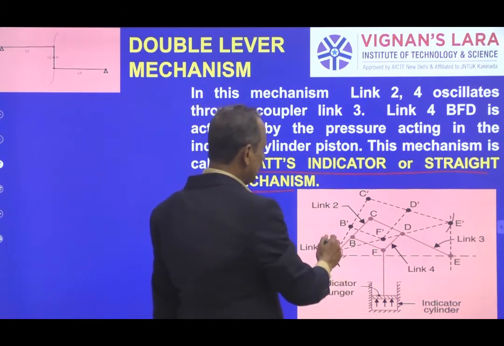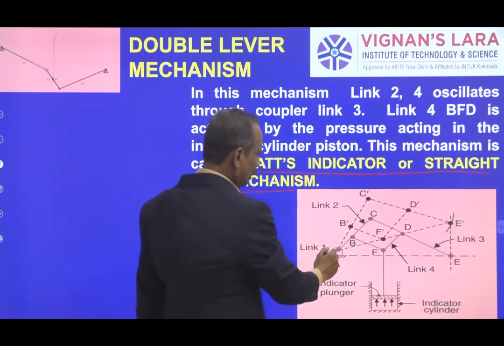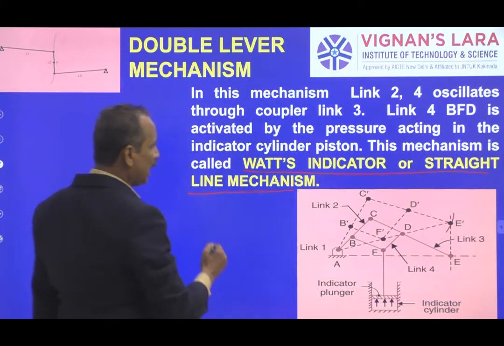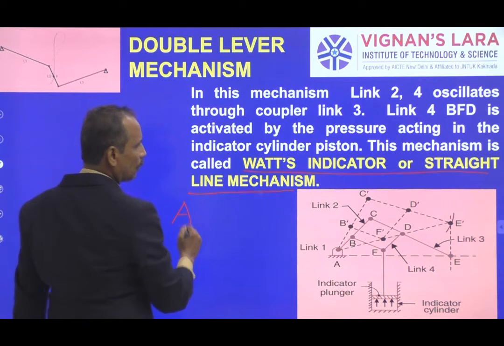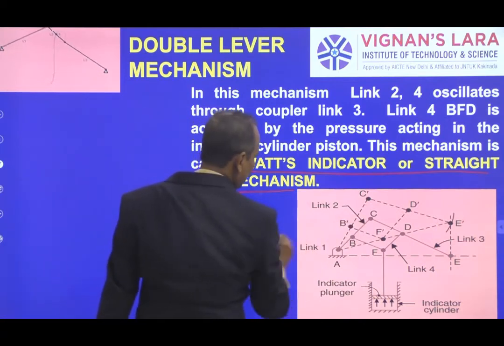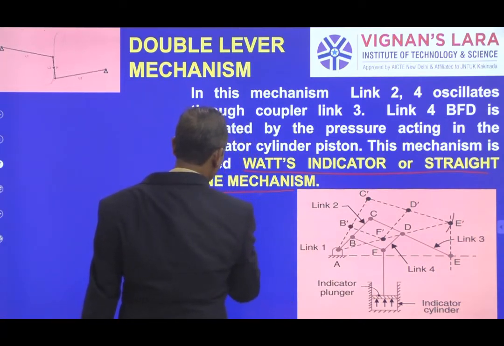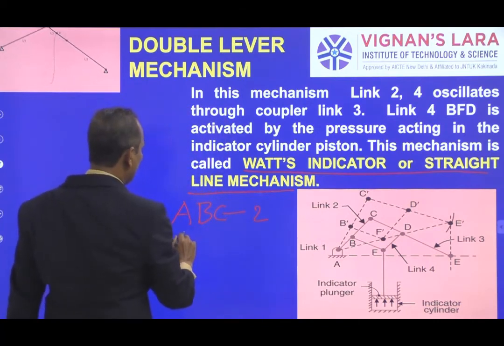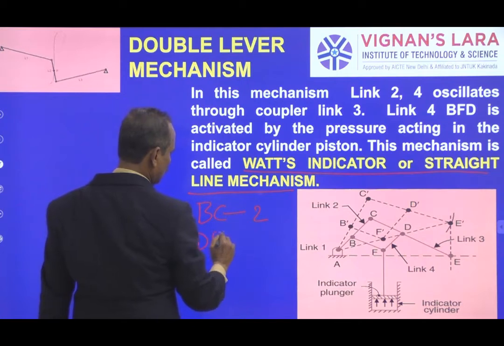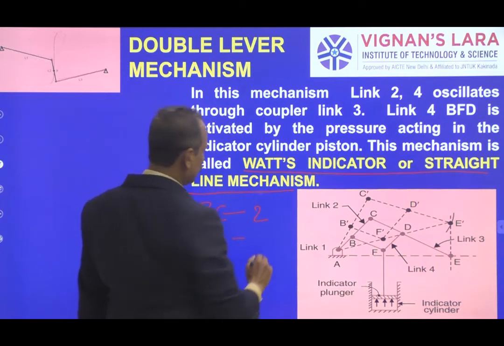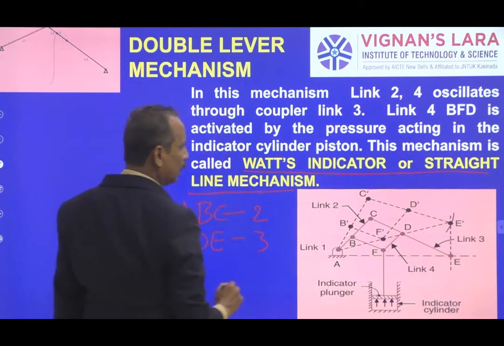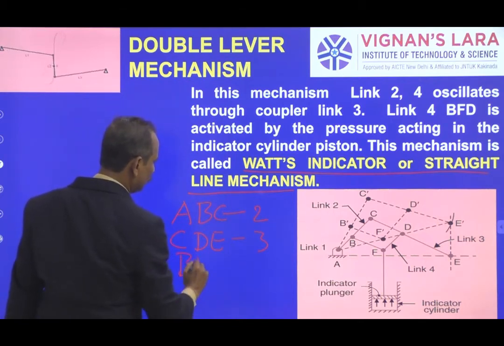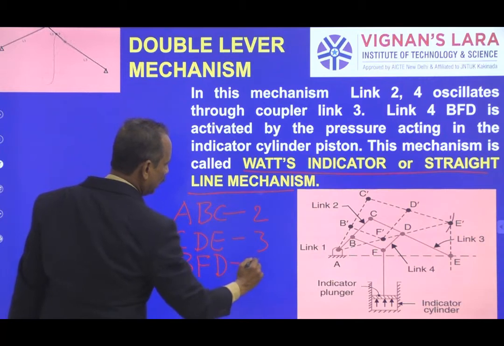You can see here there are 4 links. He has shown this is link 1, this is A. ABC is link 2, and CDE is link 3, then BFD is link 4.